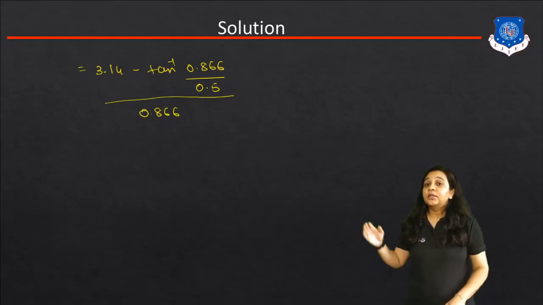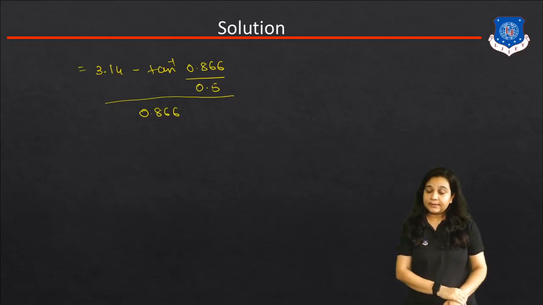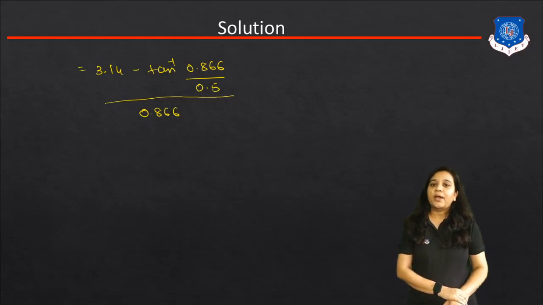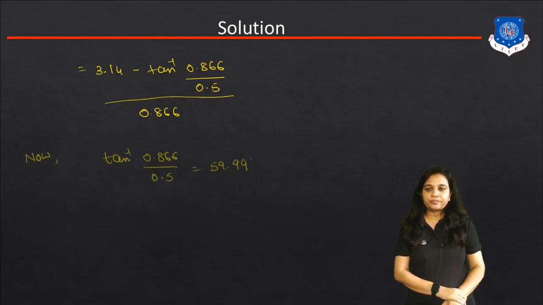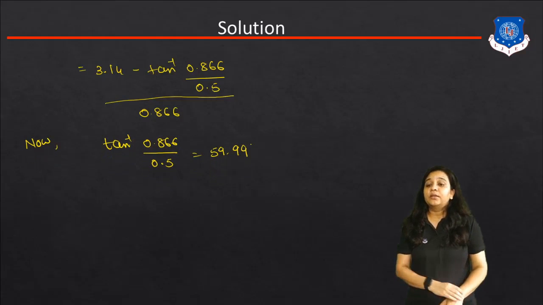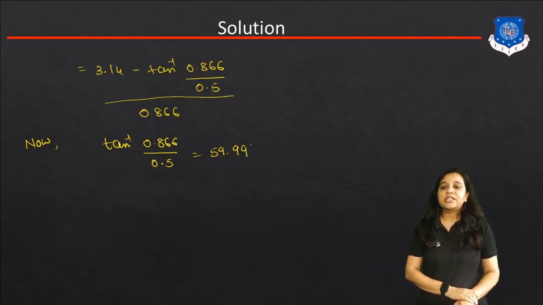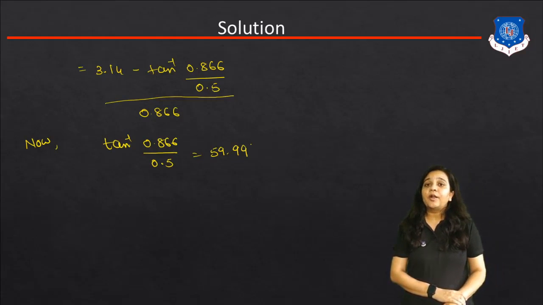So we get (3.14 − tan⁻¹(0.866/0.5))/0.866. Now the value of tan⁻¹(0.866/0.5) is equal to 59.99 degrees.